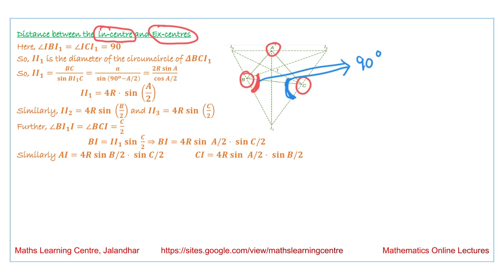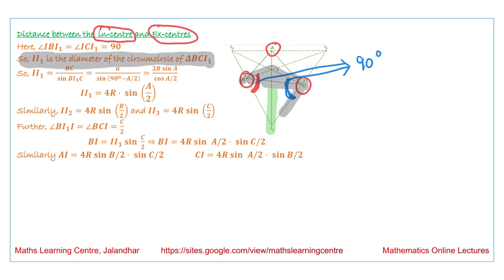So we are saying that this length II1 is the diameter of the circumcircle of the triangle BCI. We are talking about this triangle, and we are saying that II1 will be the diameter of the circumcircle of the triangle BCI1.